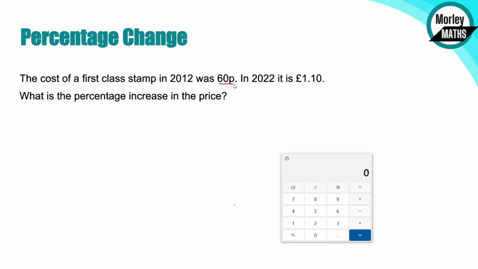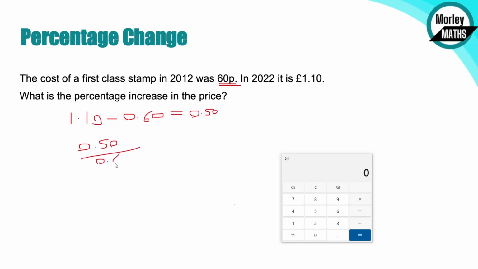So first of all, you've got to be careful. Obviously we were dealing in pence and pounds, so you've got to convert your pence into pounds. So essentially just add 0 point on the front of it. So what's the difference between them? We've got £1.10 minus 0.6, 60p, and that gives us a difference of 50p. So remember, it's your difference divided by what your starting value was.